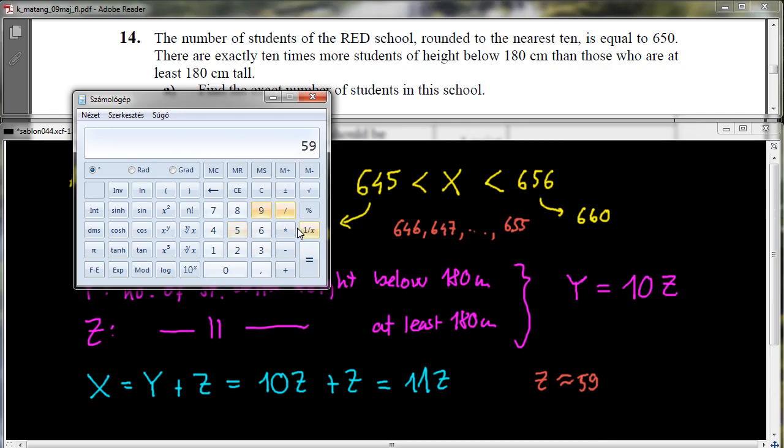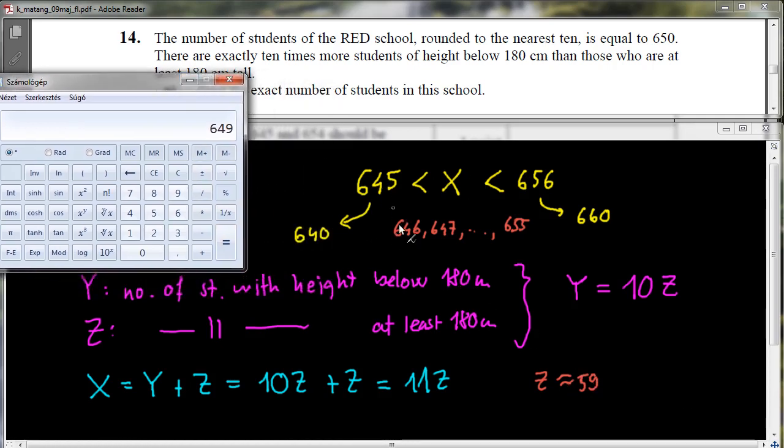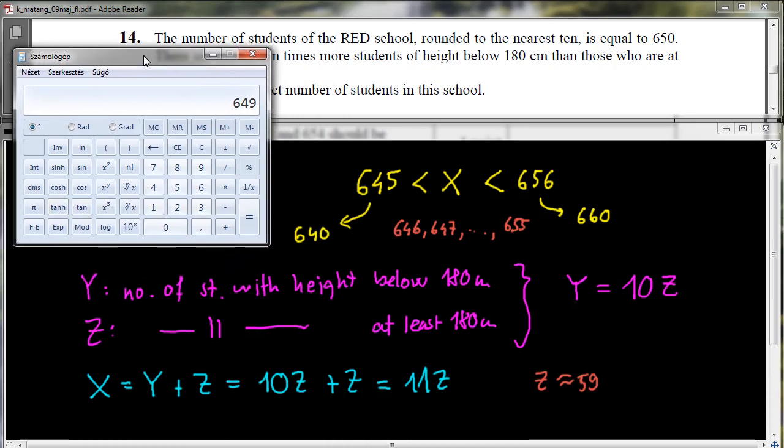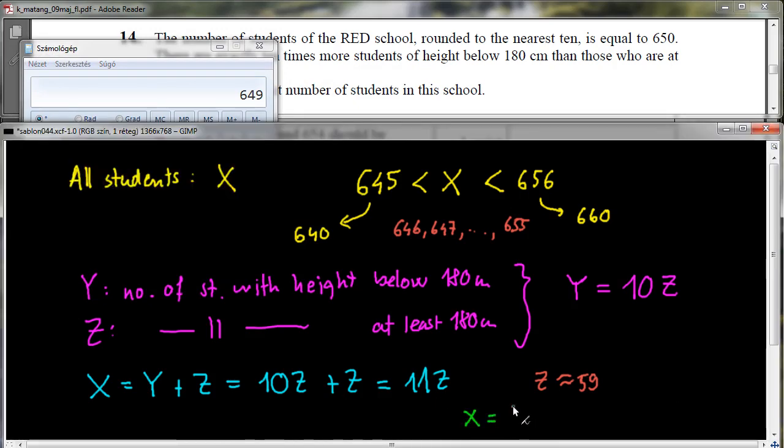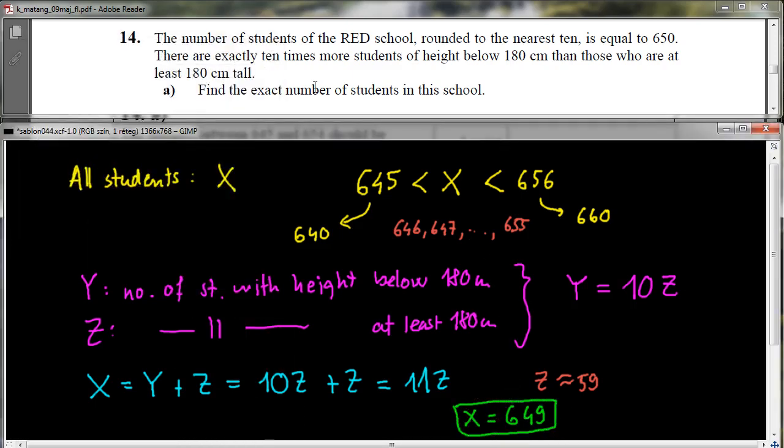So 59 times 11 is equal to 649. Is this inside this interval? Yes, it is. So it means we have the answer. So the answer is that x is equal to 649, and we solved part A of this exercise.